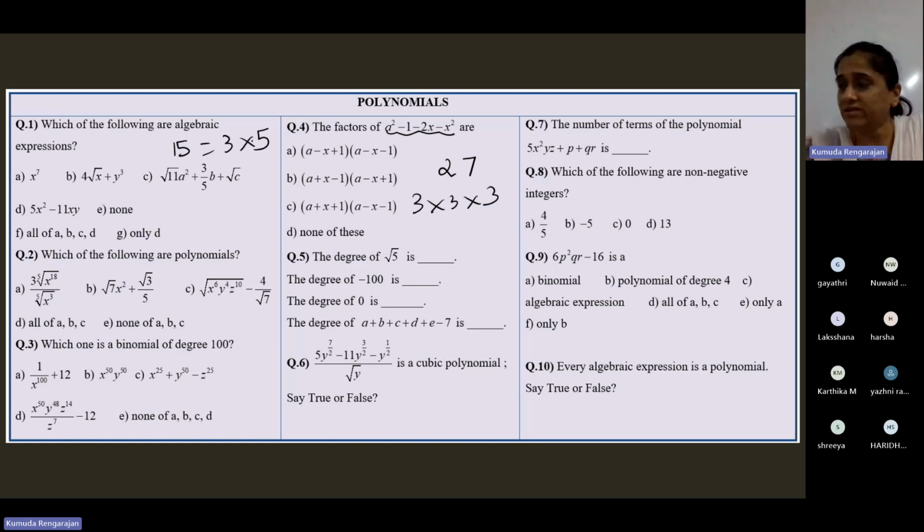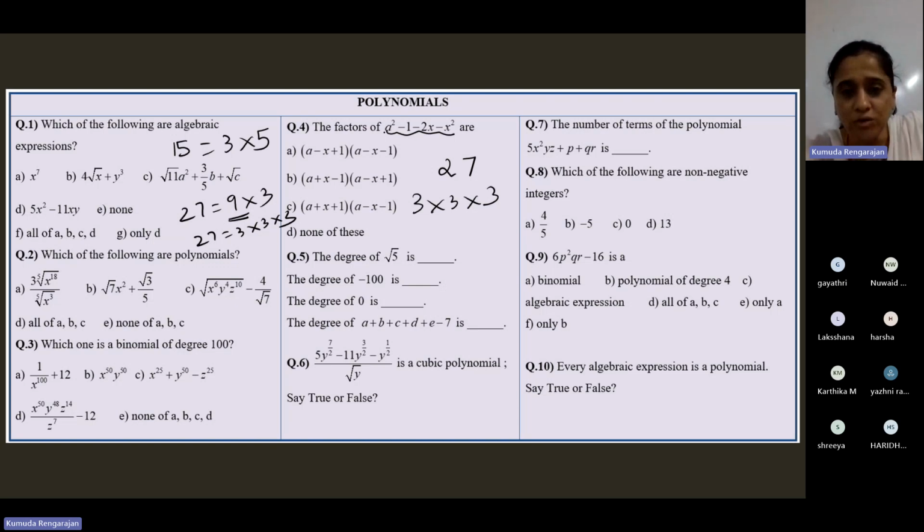You must write the number as a product of its prime factors. So 27, you should not say 9 into 3 because 9 is not a prime number. So 27 is 3 into 3 into 3. This is how you factorize 27. 15 is 3 into 5.